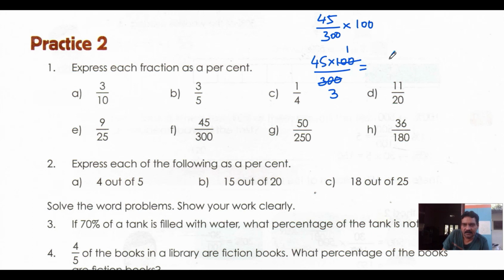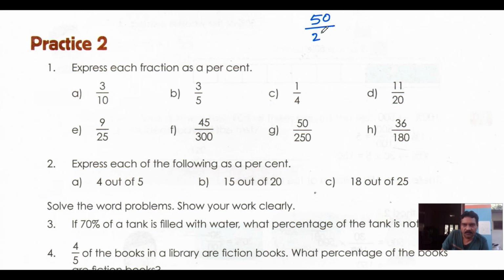It comes to how much? 45 by 3. 3 ones are 3, 3 ones are 3. Remains 1, that becomes 15. 3 fives are 15. So this is equal to 15%.